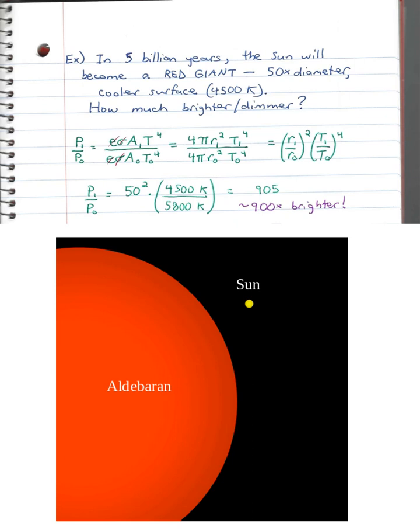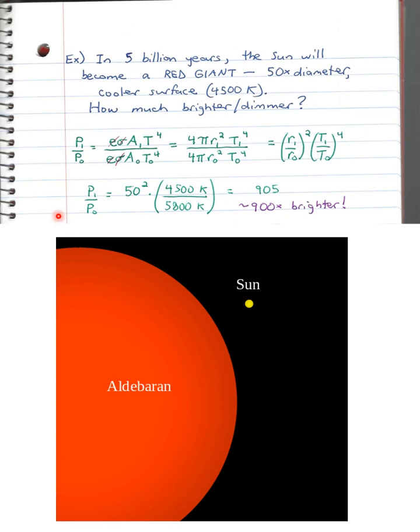The 4 pi's divide out, and we're left with these ratios: R1 over R naught squared times T1 over T naught to the fourth. Interestingly, we don't really need to know what the current radius is or the future radius. All we care about is that it is a ratio of 50 to 1.